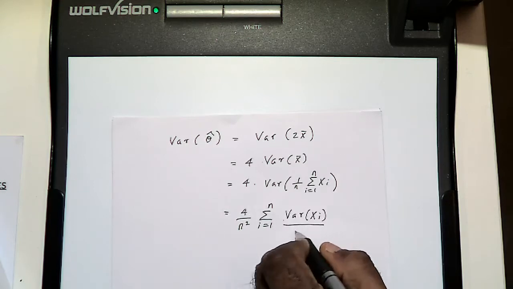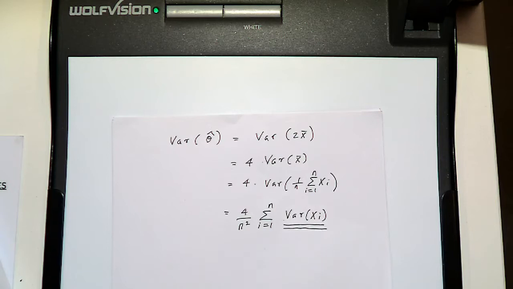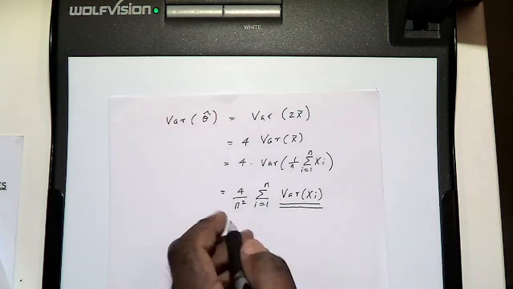Once again, I'm sure you remember the variance of a uniform 0 theta variable is b minus a squared divided by 12, which in this case is theta squared divided by 12.